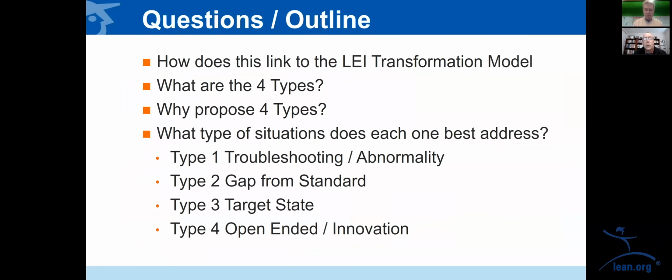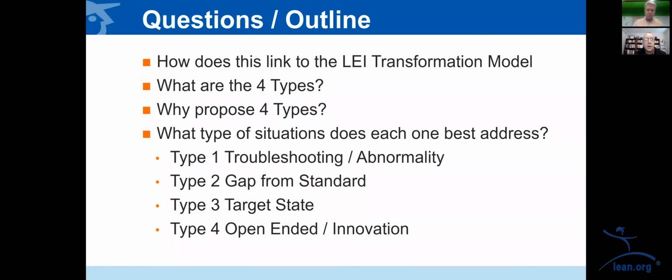So we're going to outline this talk today. Just jump right into it because we've only got an hour and there's a lot of material, frankly, to cover in an hour. We had some questions that have been posed in the past, so I'm going to outline the questions here, and then of course we'll address whatever real questions in addition you have at the end. But how does this link to the LEI Transformation Model? Why did you guys make this book?